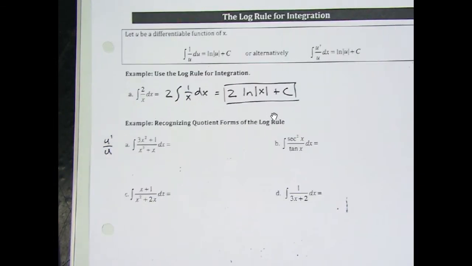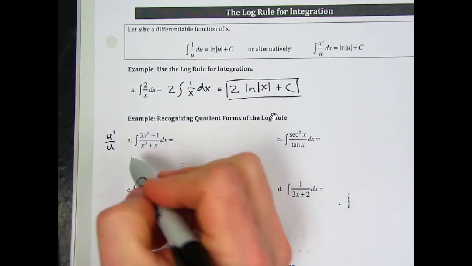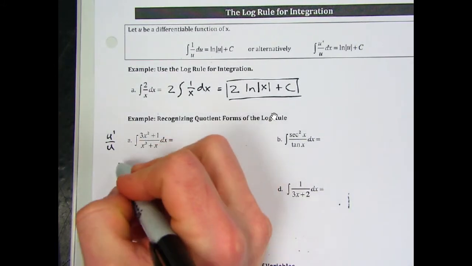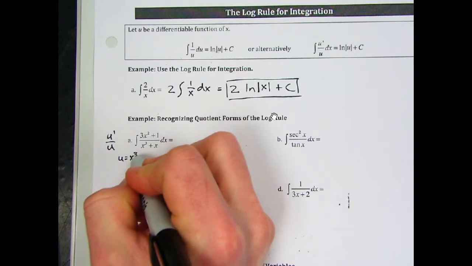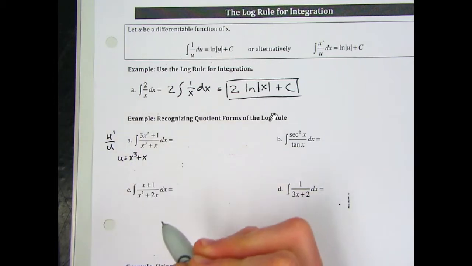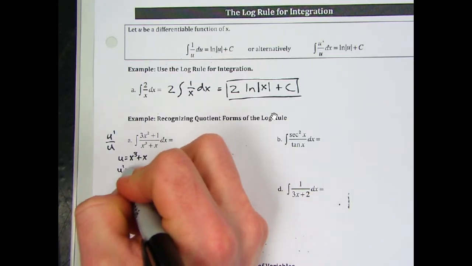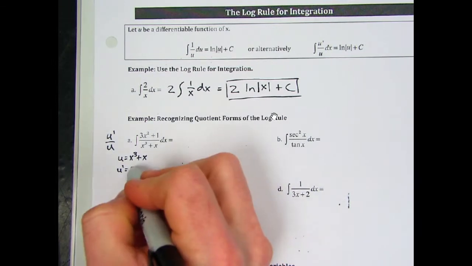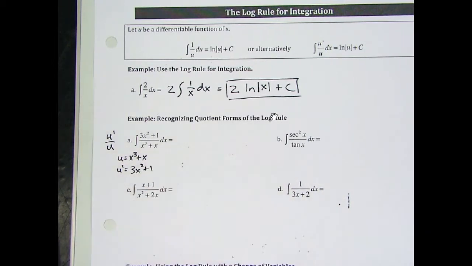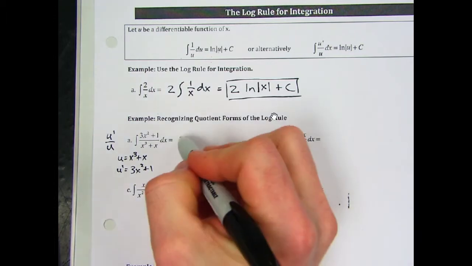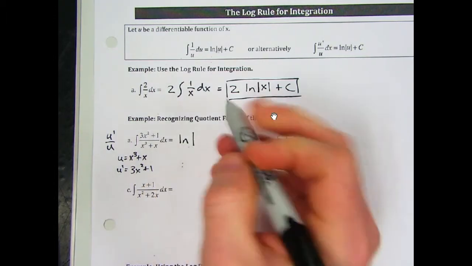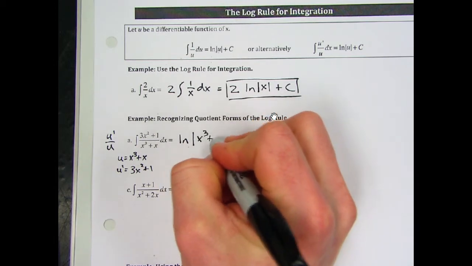So if we let u equal x cubed plus x, what is u prime? 3x squared plus 1. So is this in the form u prime over u? Yes. So very simply, we can write natural log of the absolute value of x cubed plus x plus c.